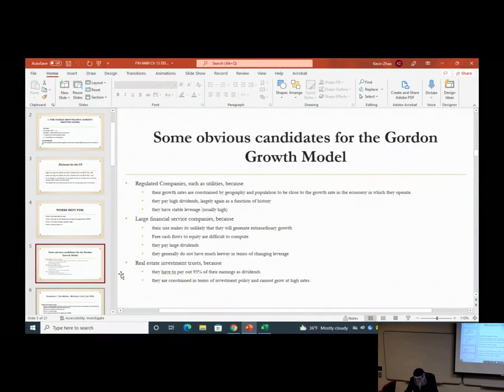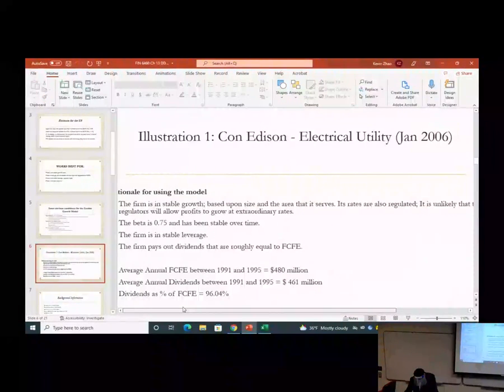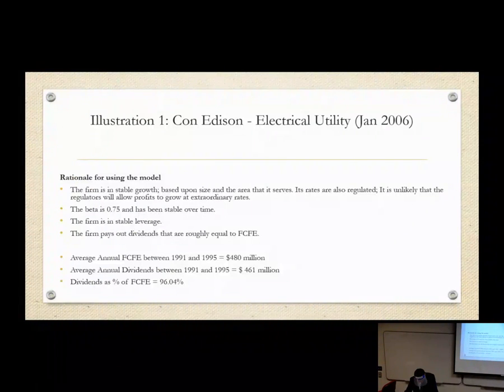Now let's take a look at one example of how we can utilize this golden growth model. Con Edison, an electrical utility company back in year 2006. First of all, you want to verify this is a good candidate for this model.